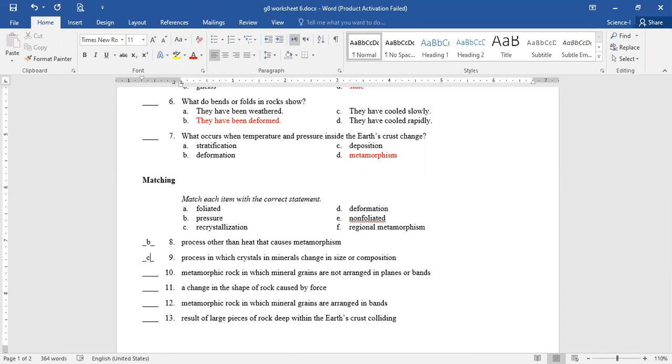Let's see, 10. Metamorphic rock in which mineral grains are not arranged in planes or bands. Yes, Farah. A. No, it says here grains that are not arranged. Be careful while reading the question.